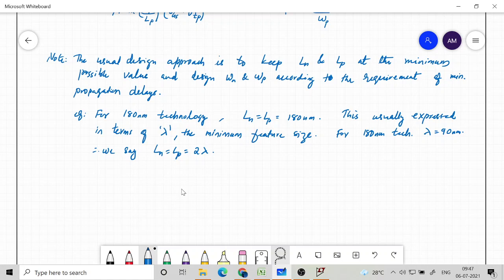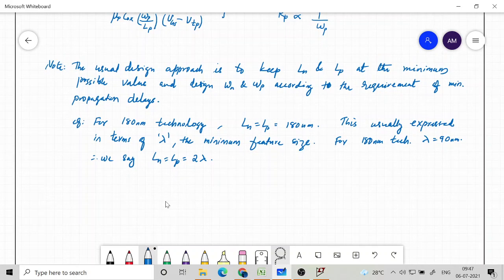If you go to 90 nanometer technology, the variation is 45 nanometer. It is just half of the minimum channel length, but channel length you cannot make 90 nanometer. For 180 nanometer technology, you have to keep it 2 lambda always, and W will usually be greater than this.